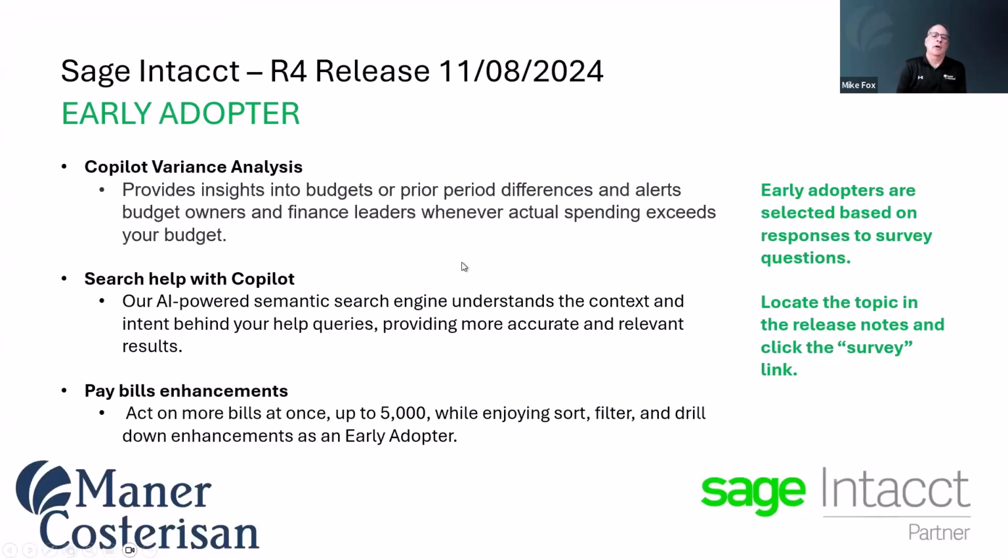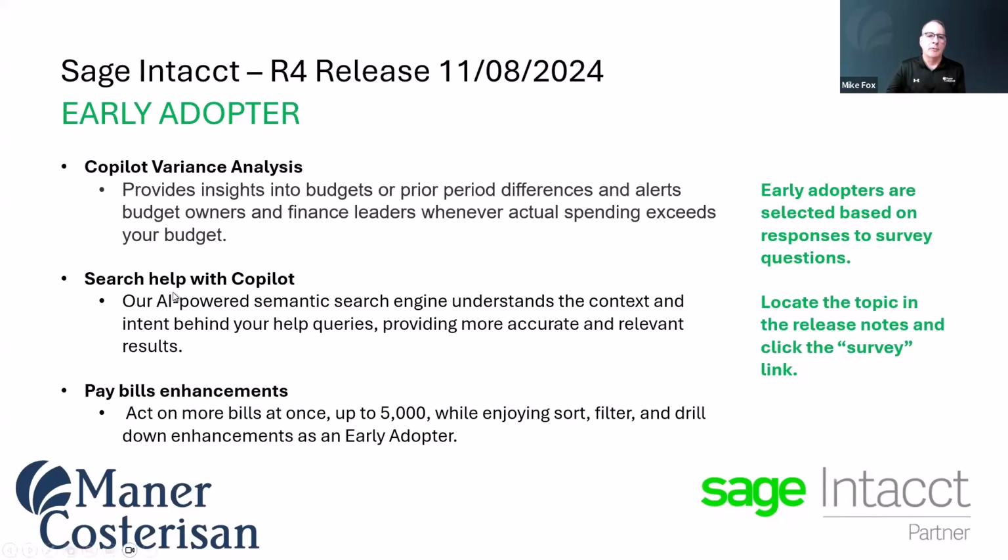There's always some early adopter opportunities in Intacct, and there's a couple with Copilot. There's a variance analysis where the intent is to use AI, the Copilot, to provide some insights into budget to actual variances, and give you kind of an over-the-shoulder, hey, look at this kind of thing.